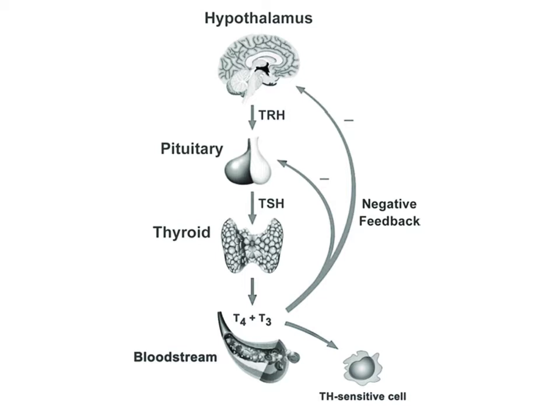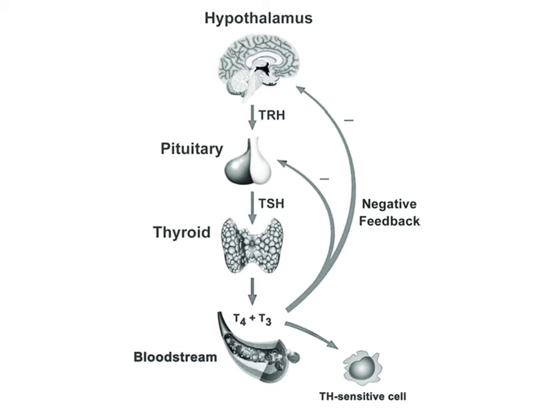This stimulates the synthesis and secretion of the thyroid hormones T3 and T4, which affect basically every cell in the body. When blood concentrations of the thyroid hormones increase back to that set point or threshold, then TRH secreting neurons in the hypothalamus are inhibited and they stop secreting TRH.